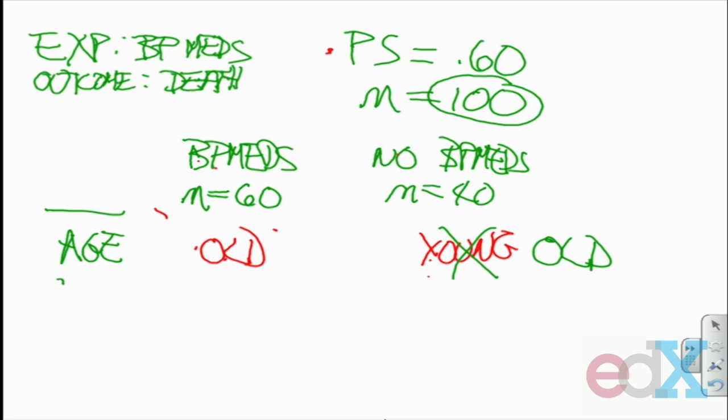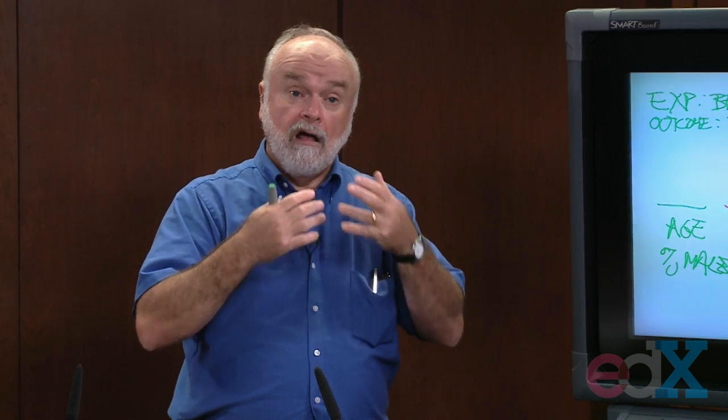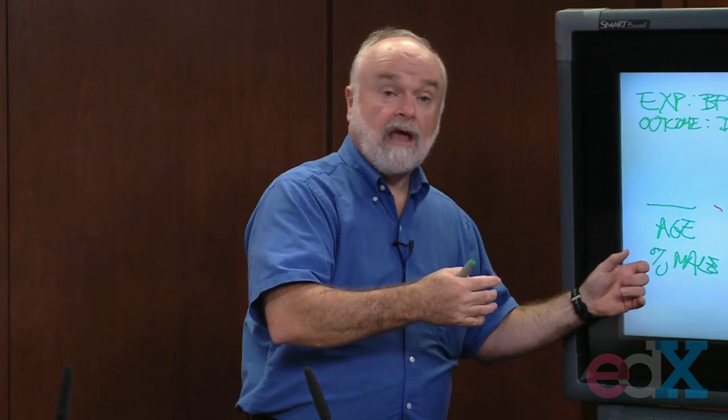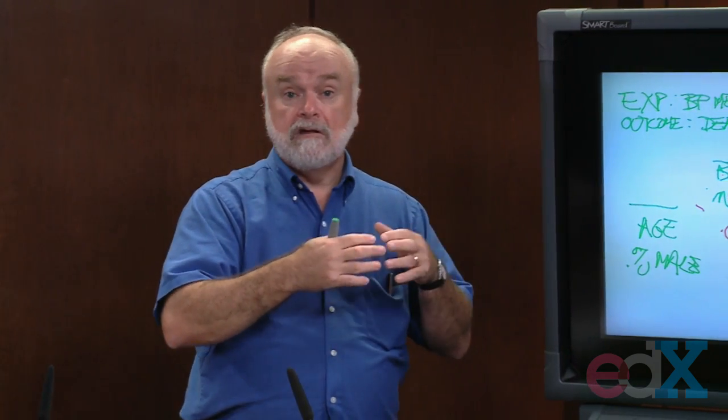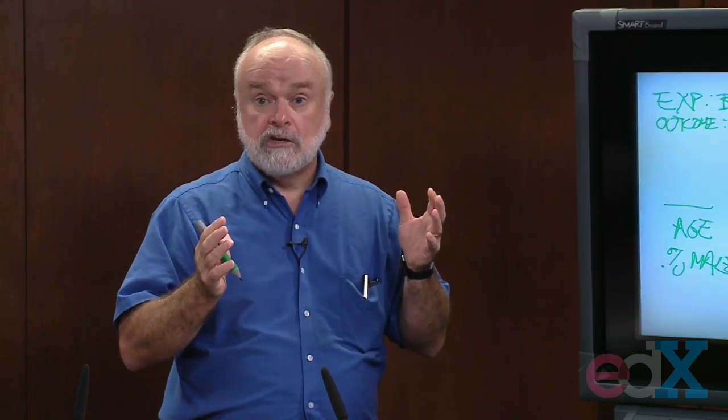Similarly, if I looked at the percent of people who were males, I would expect that among the 60 people who received blood pressure medications, if 40% of them were men, I would expect roughly 40% of the people in the other group who did not receive blood pressure medications to also be men. Otherwise, there would still be some predictability left over between sex and the decision to receive or not receive a blood pressure medication, meaning the propensity score didn't do its job.